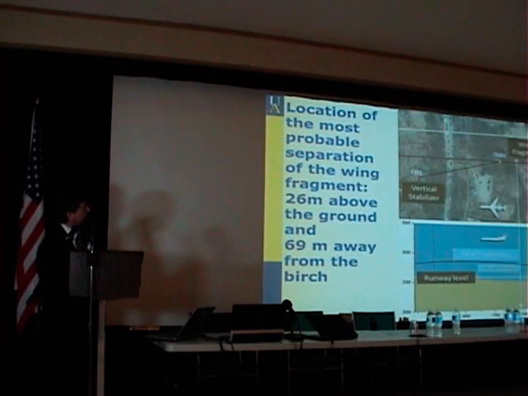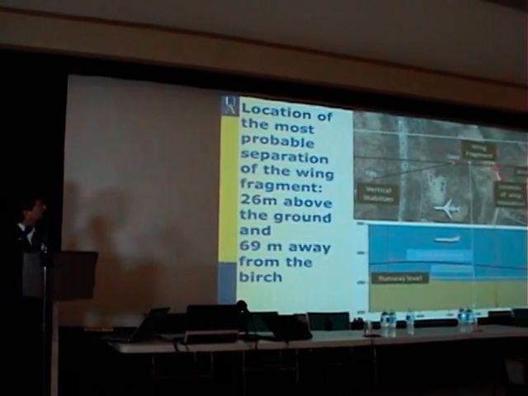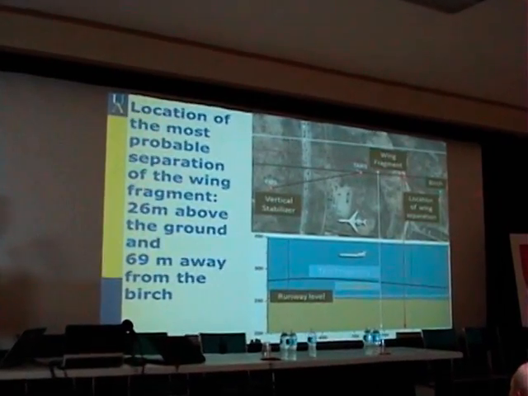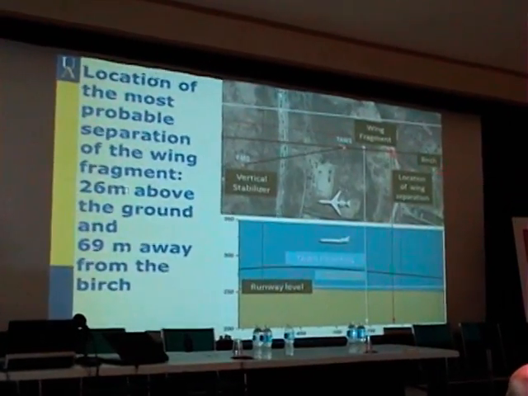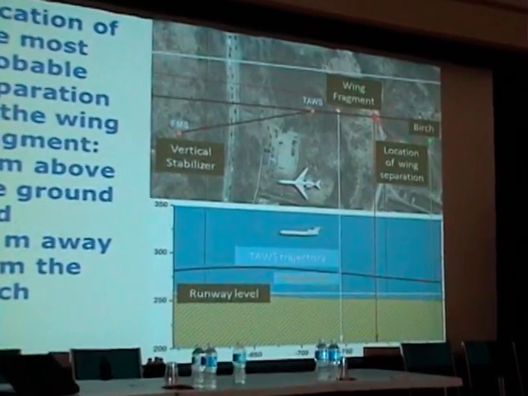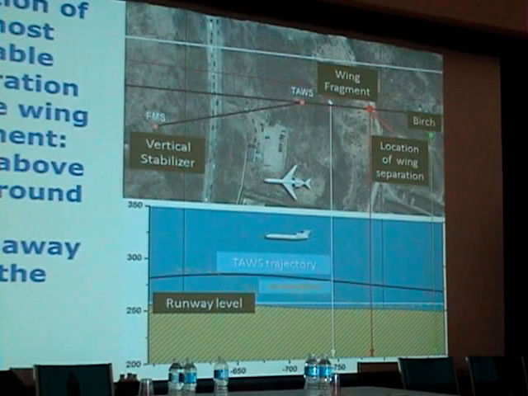Again, let's look into the satellite location. This is the birch. This is the location where I predict this event has happened. Now, if it would happen here, this is a very dark area, so it means there are trees, forest. So if you separate this wing here, this wing not only would have to crawl somehow after hitting the ground, but also cut through the trees.